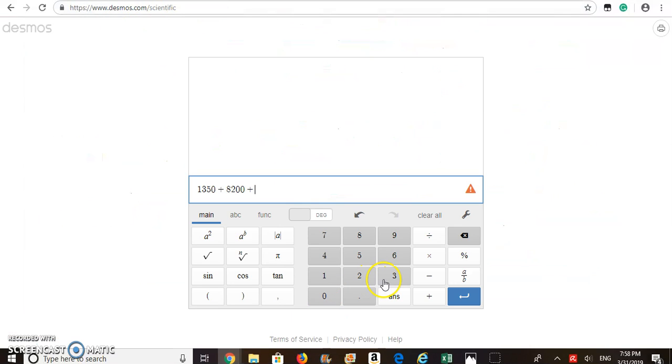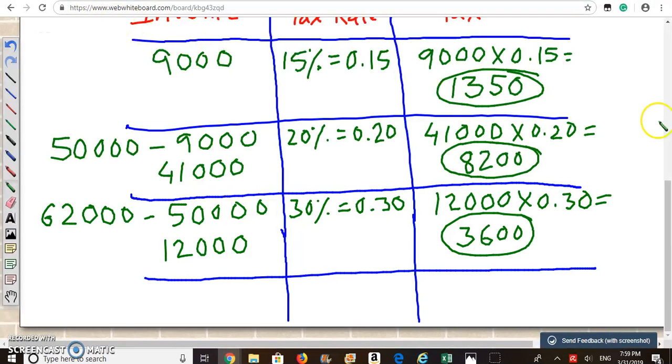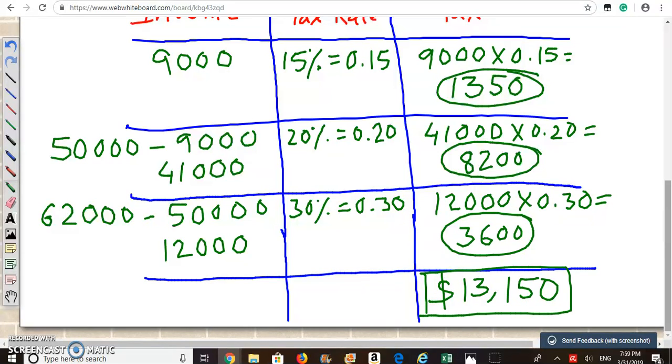So when we add this, it comes up to $13,150. So the total is $13,150. So this is the total amount of tax that Julian is going to pay for an income of $62,000.